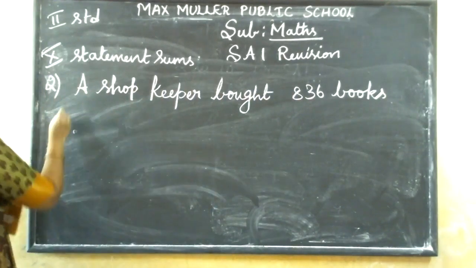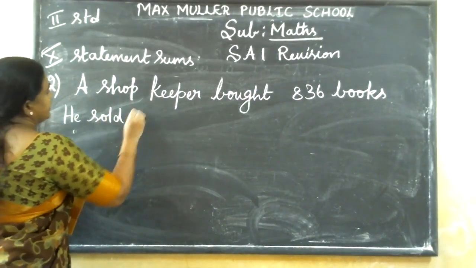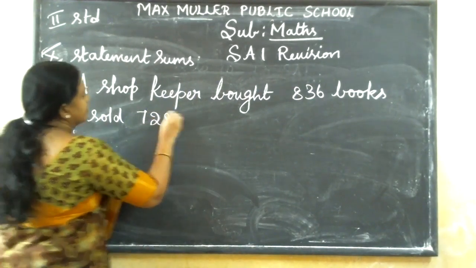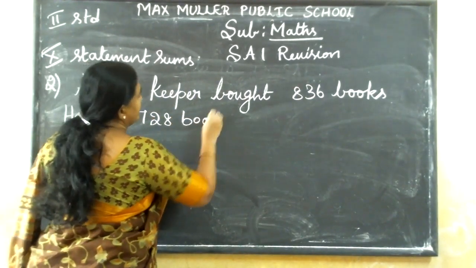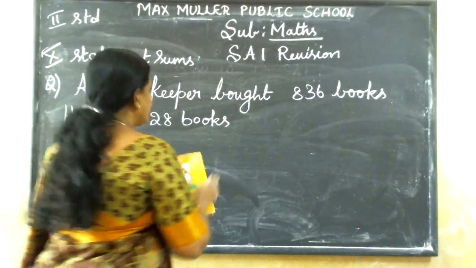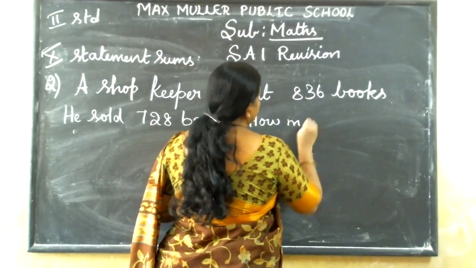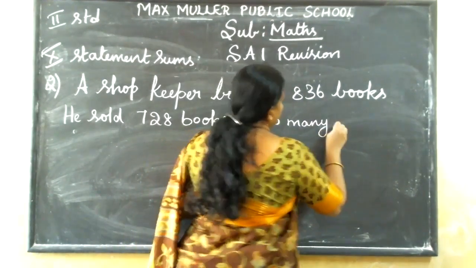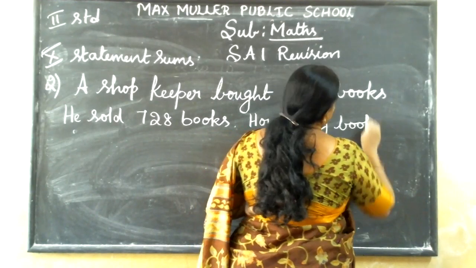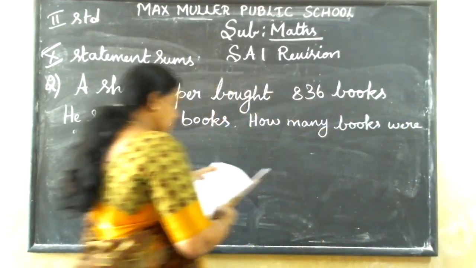He sold 728 books. How many books were left unsold?